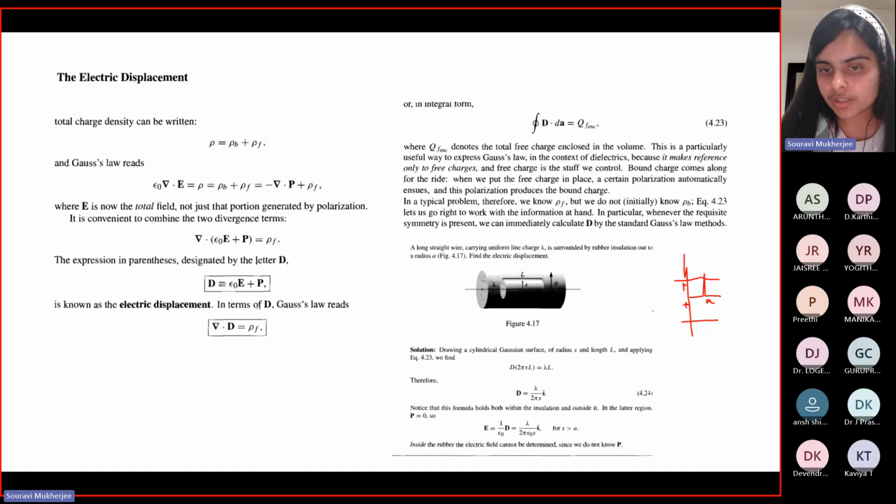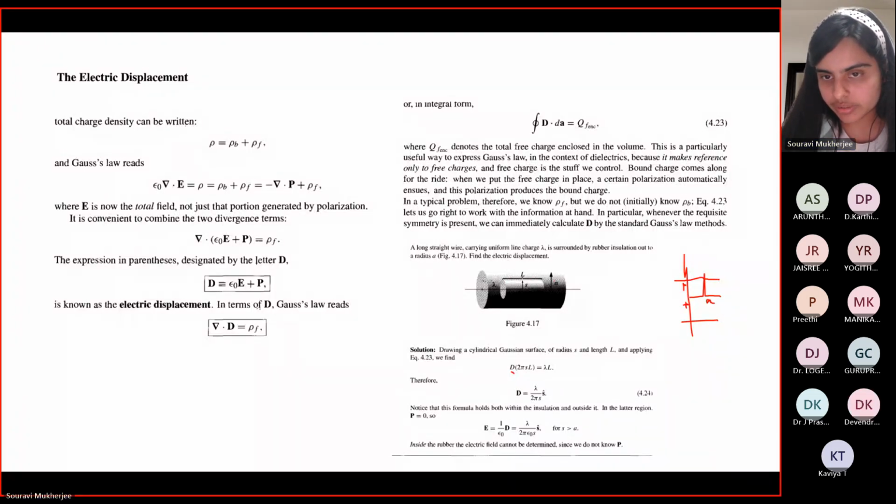So now if you use Gauss's law, you know that there'll be a D, and the curved surface area enclosing this charge will be 2 pi s L. And the charge enclosed inside should be nothing but lambda into L, right? Now you can see L cancels out. So what you find is the electric displacement at a distance s from your line charge distribution.